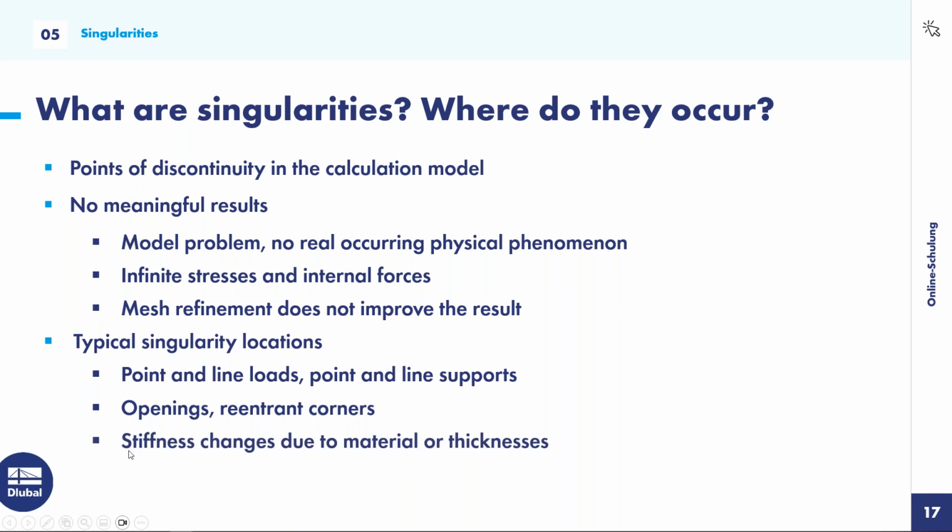Other typical locations are stiffness changes, either due to material or thicknesses, which is also something we had in our tension specimen before. You remember, this is something also needed for the real life stress, but also to avoid singularities, you get some of these fillets so as not to have sharp edges.